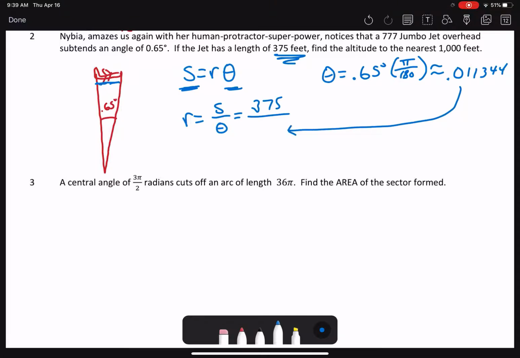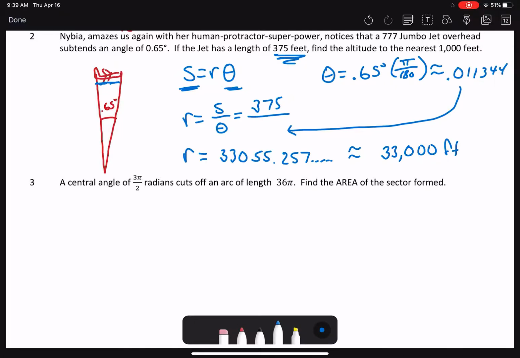And so I say 375 divided by my previous answer, and I get 33055.257 and so on. And so if you were to round that to the nearest 1,000 feet, you'd go, man, that jet is flying at 33,000 feet. Great.